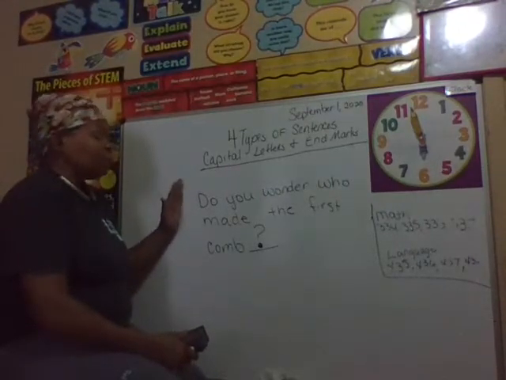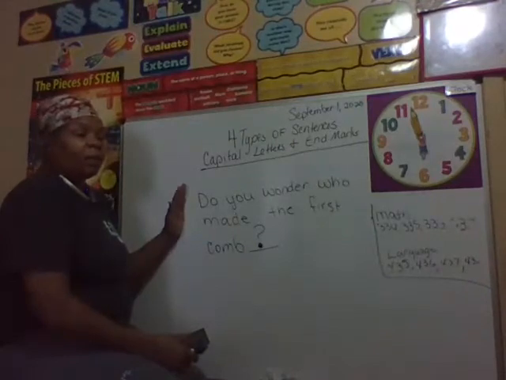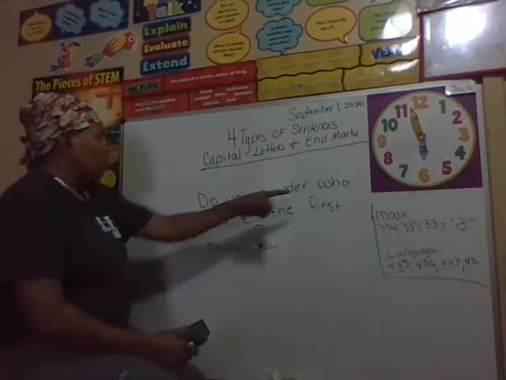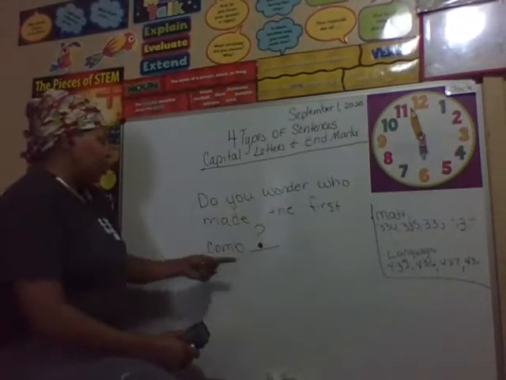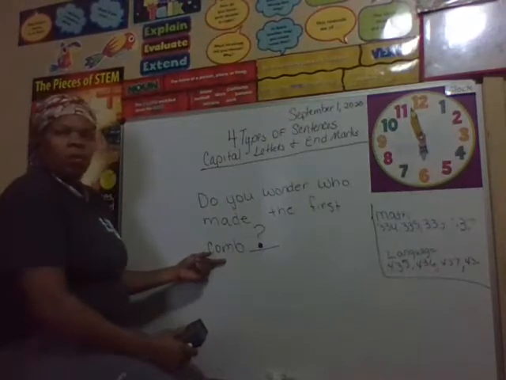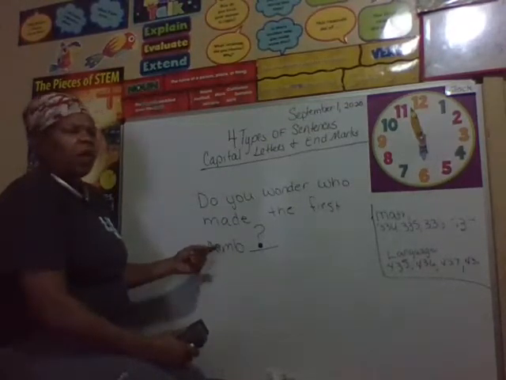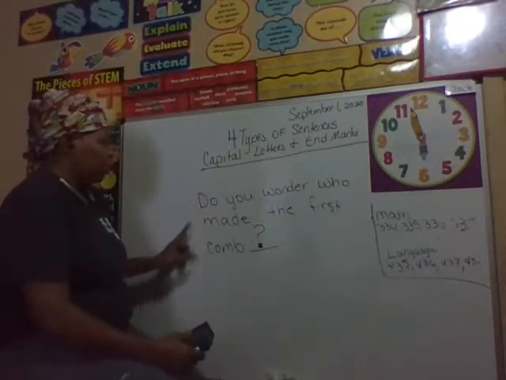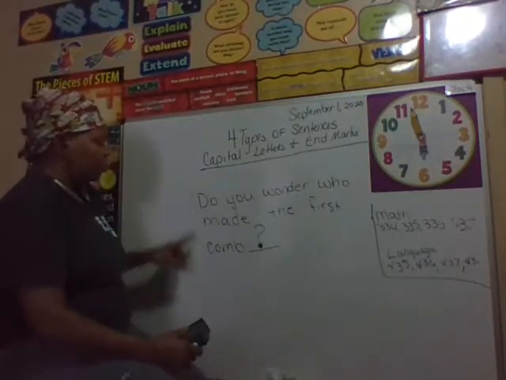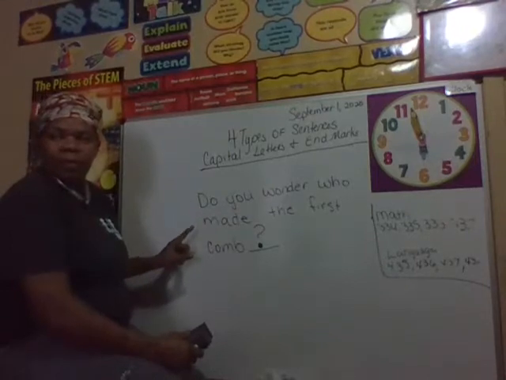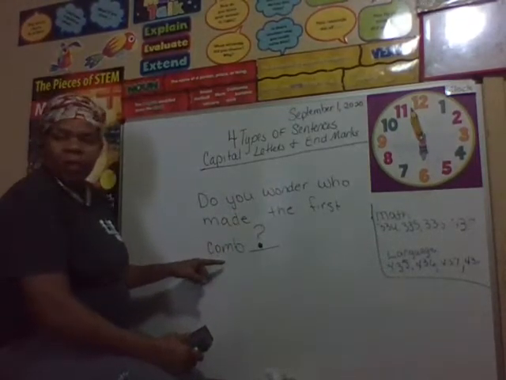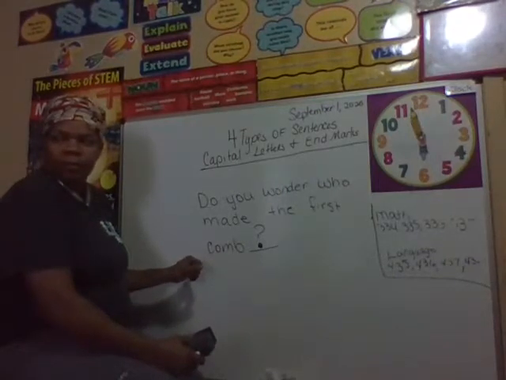Finding the subject and verb inside the interrogative sentence is a little bit different. Let's look at it. Do you wonder who made the first cone? What is this whole sentence about? You have to ask yourself, who or what is this whole sentence all about? Who or what is it all about?